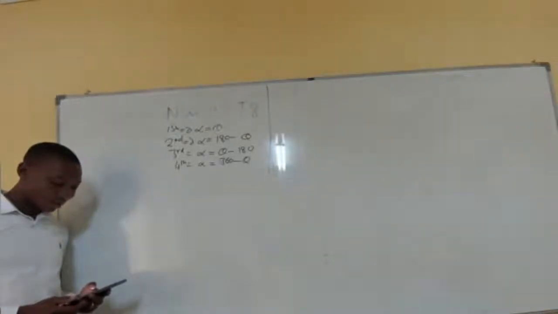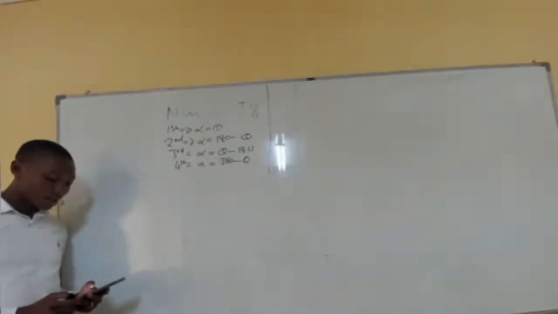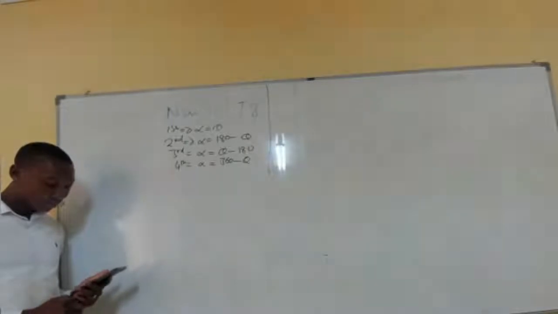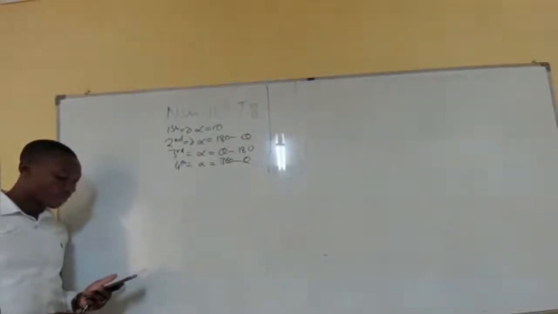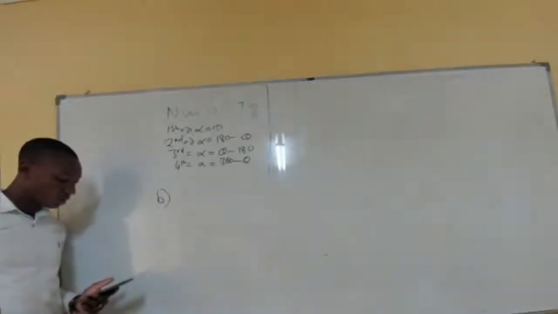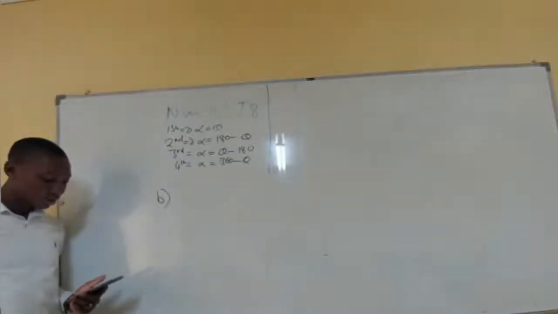I'm just using identities. I'll start from B; A has to be reviewed.